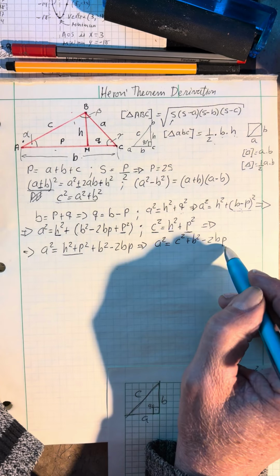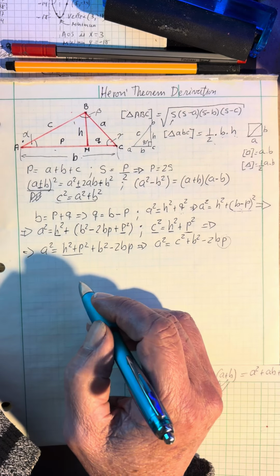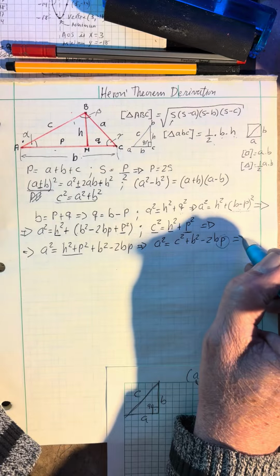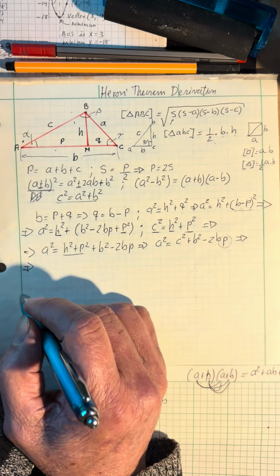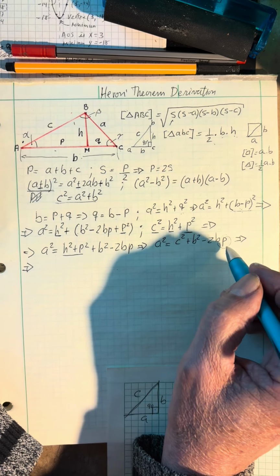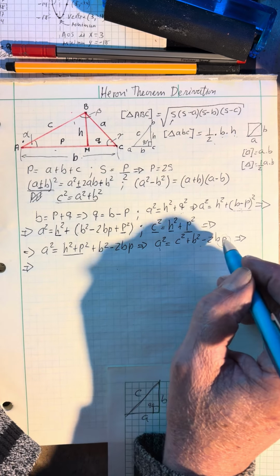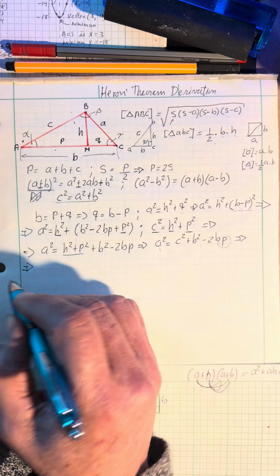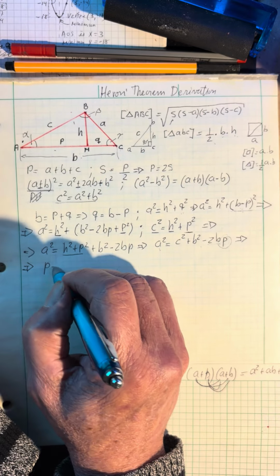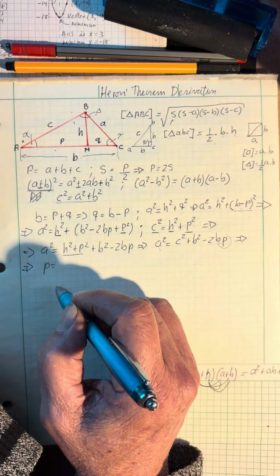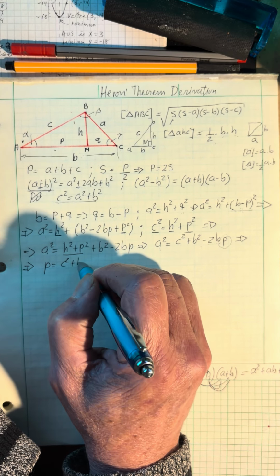From here, we're going to isolate the P alone. You'll see why. This implies that when we move this over here and then the A inside, and then we get rid of the 2B, we can do it in one shot. P is equal to C squared plus B squared.